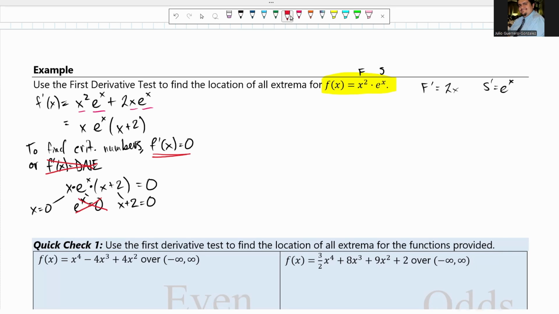So the only two that are left are x equals 0, which is one of our answers, and the other one is x equals negative 2 from this one. Are we good? Cool.